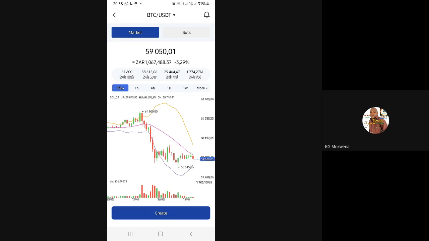And it may not actually be the obvious case that the price will reach $58,615.06 that we see there. Although you can see there's a red candlestick coming at the moment. The current candlestick is showing us that the bears are pushing the price down. But the question is, will the price go to 58,615?